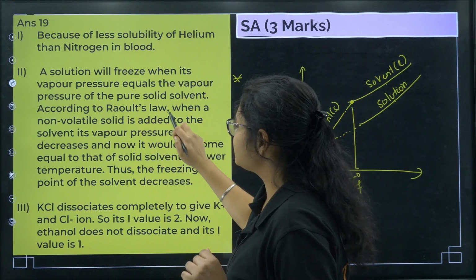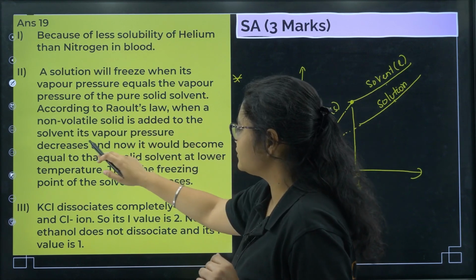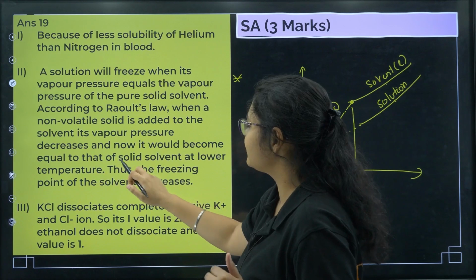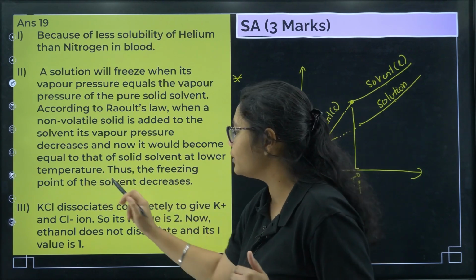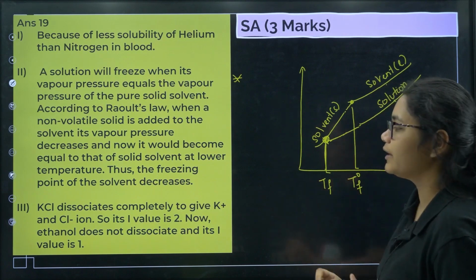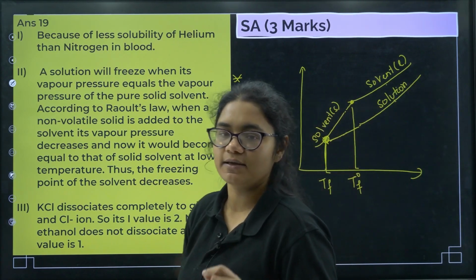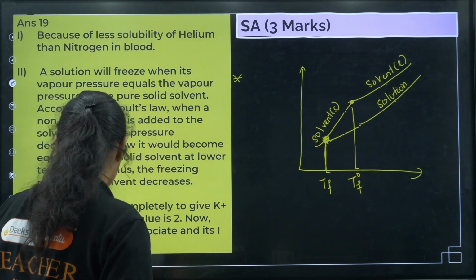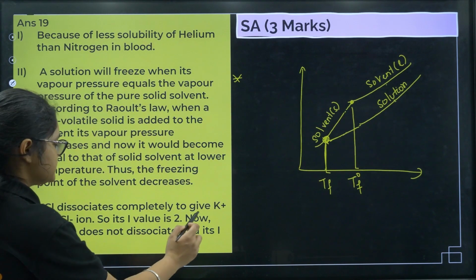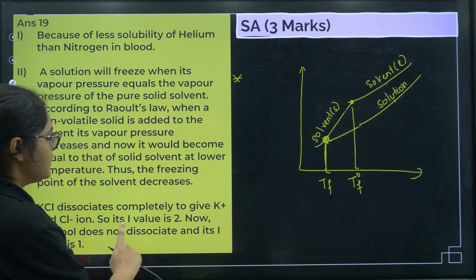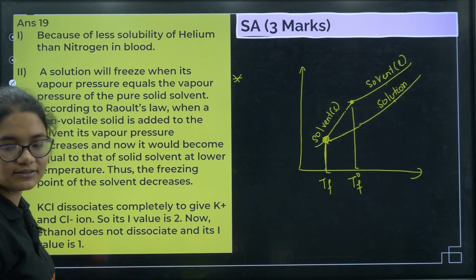Now, according to Raoult's law, when a non-volatile solute is added to the solvent, its vapor pressure decreases and now it would become equal to that of the solid solvent at a lower temperature, and that is why the freezing point decreases on adding a solute. And the next one was your i value. KCl will dissociate and the i value is 2 here, and ethanol is a non-electrolyte, does not dissociate, and its i value is 1 here.